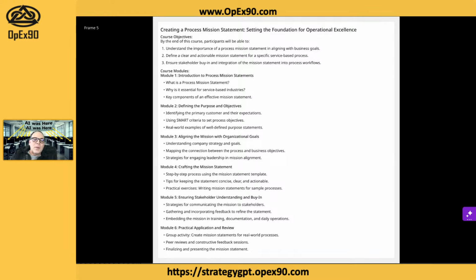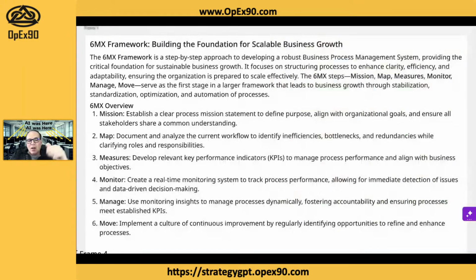So we're going to make sure we have that mission statement. We're going to get the buy-in, and then we're going to review and share that with our team, right? So that is part of this 6MX strategy. Let's just go back to that one more time, right? The 6MX strategy: understanding that process mission, mapping out our process, getting the right measures in place.